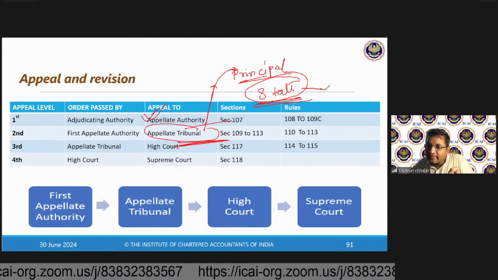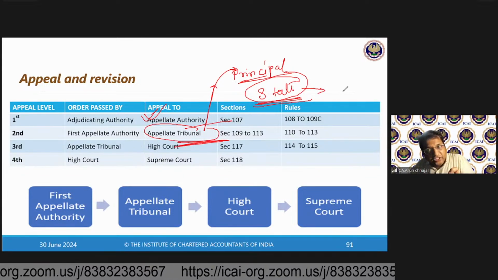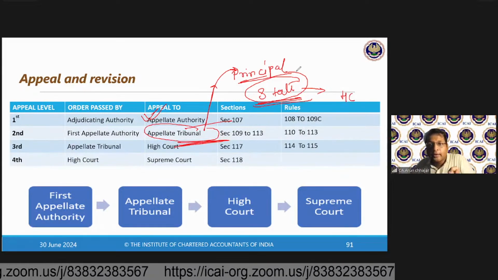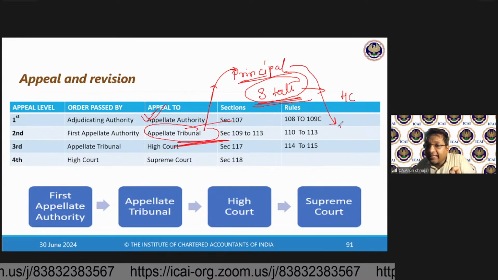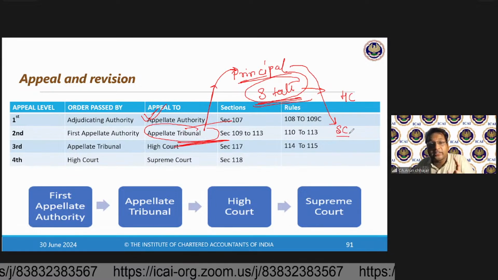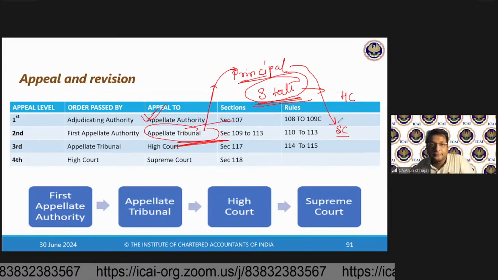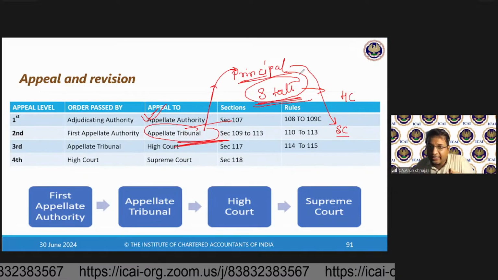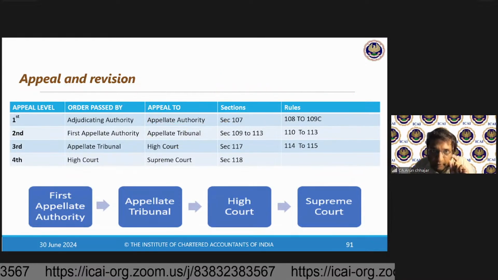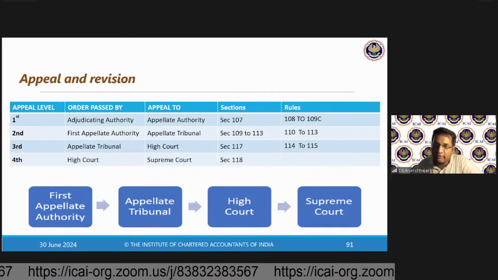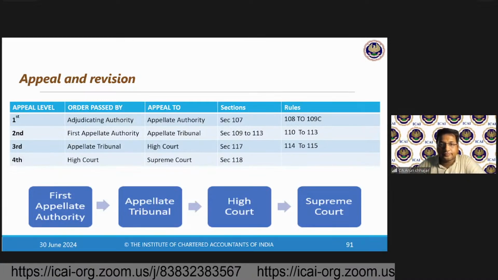Again, if you're not satisfied with the order of the state bench, you can appeal to the High Court. But if you're not satisfied with the principal bench order, then the appeal goes directly to the Supreme Court. That is the difference. The appellate tribunal is not yet established. Probably it will be made operational by next January.